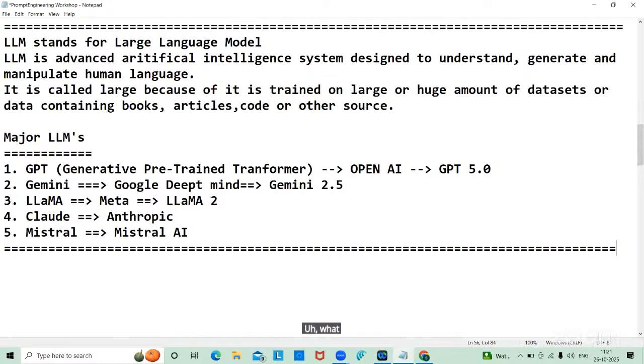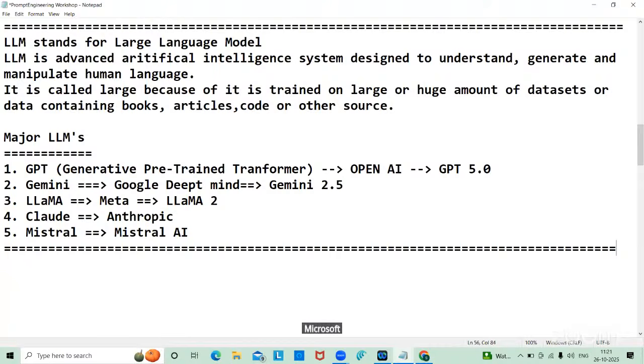What is a copilot? Chatbot only. All these are apps. See, these are LLMs, and apps communicate with LLMs.